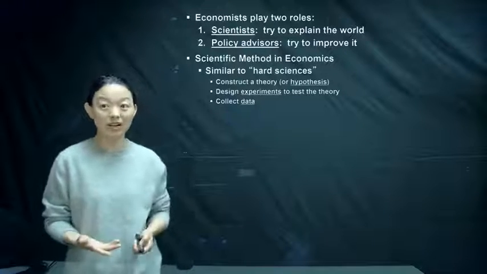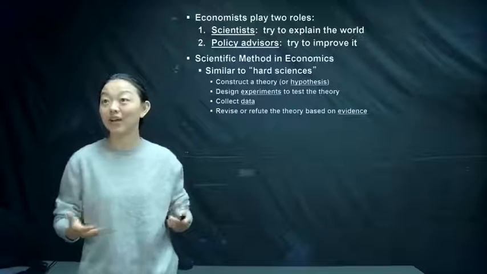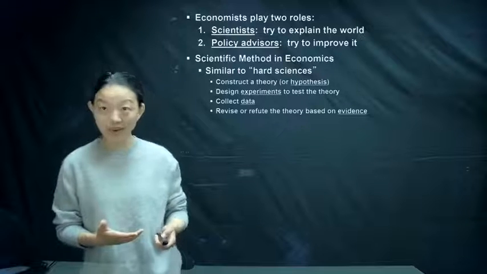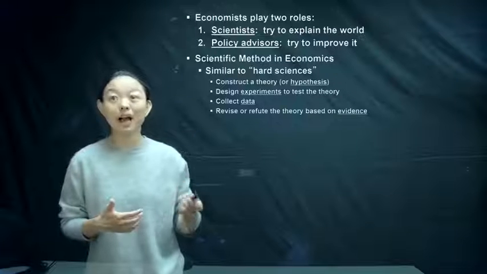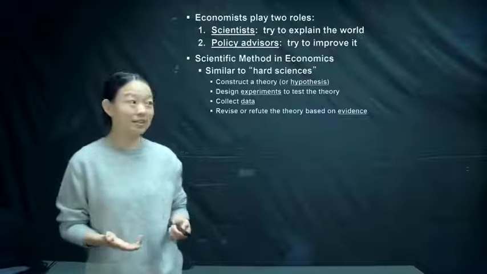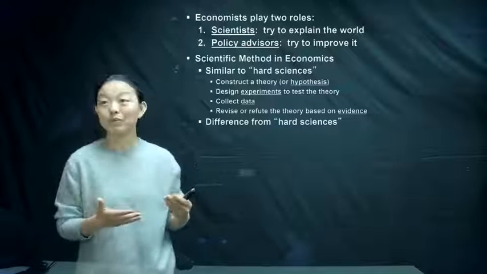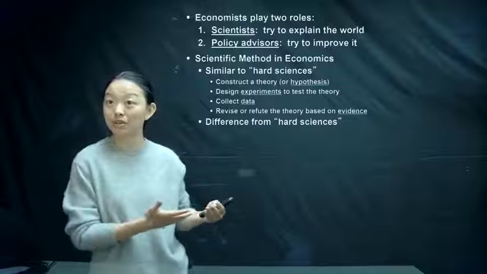And once we have data, we need to set up economic models and then do the analysis. Okay. So once we analyze the data, we might need to revise the hypothesis that we already set up, right?